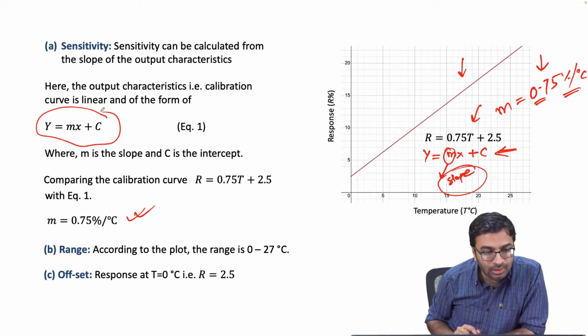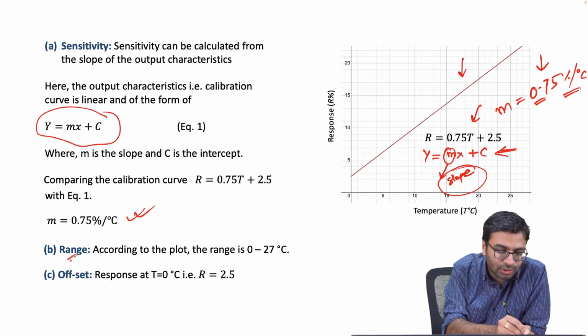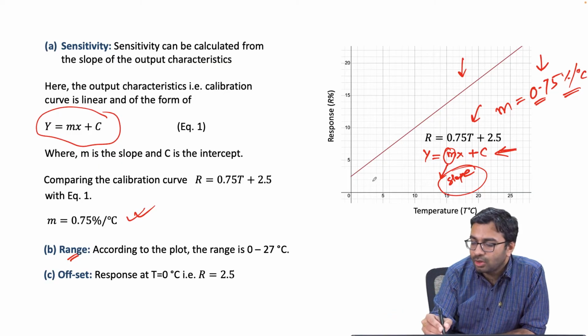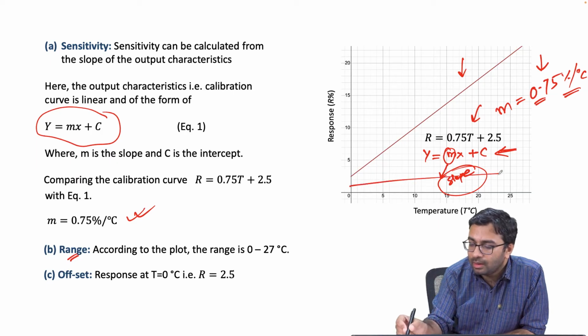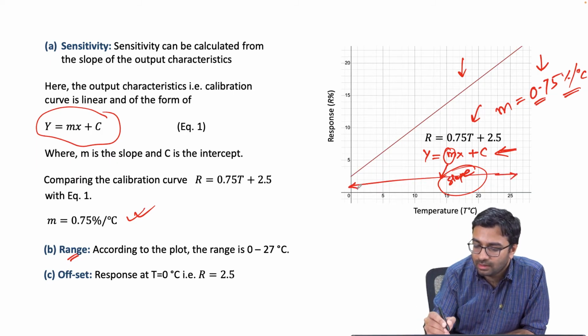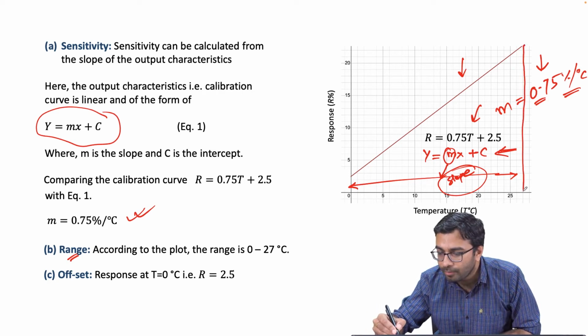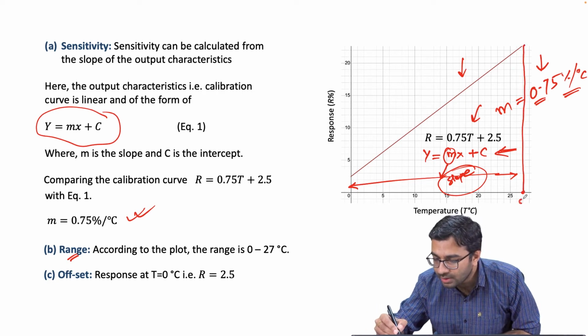Now the next question was, what is the range of the sensor? If you look at the plot, the temperature sensor is operated in this range, between 0 to say 25, 26, 27.